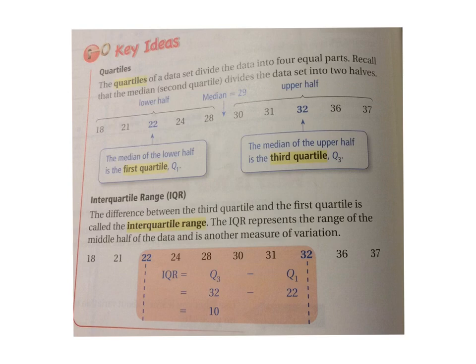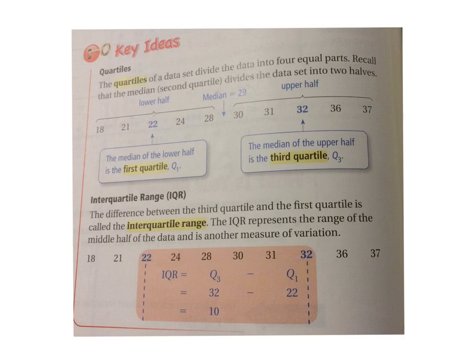Your lower half, which is also called quartile 1, and your upper half, which is also called quartile 3. And then the interquartile range is just the difference between the third quartile and the first quartile. The interquartile range represents the range of the middle half of the data, and it's another measure of variation.